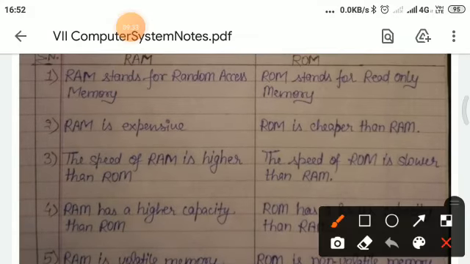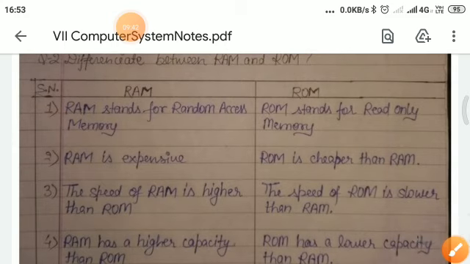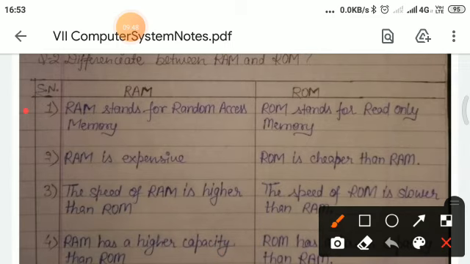First section is for RAM and second section is for ROM. First, RAM stands for random access memory and ROM stands for read only memory. And the second is RAM is expensive and ROM is cheaper than RAM.